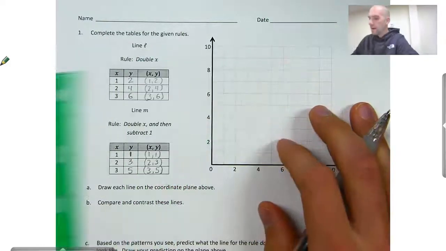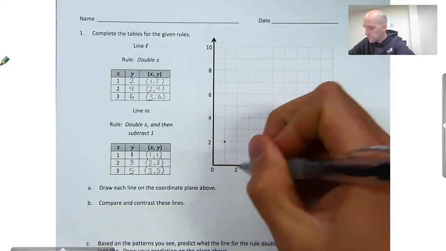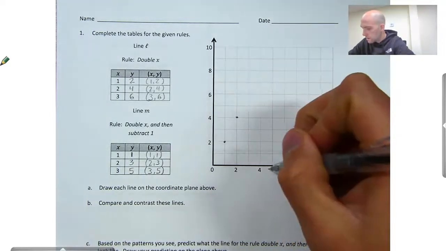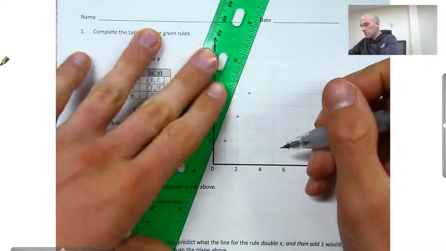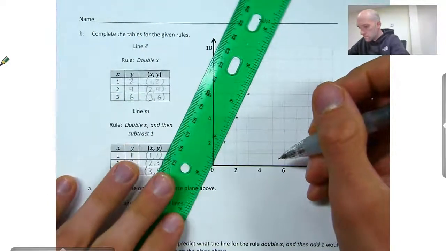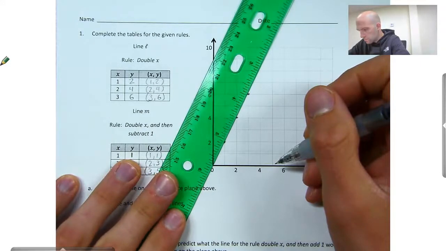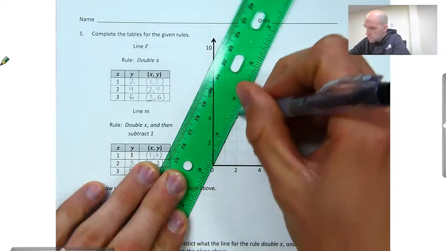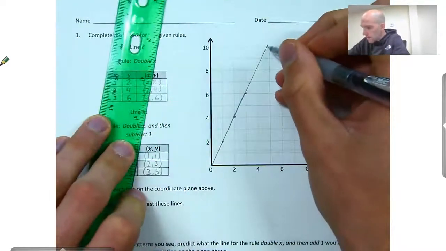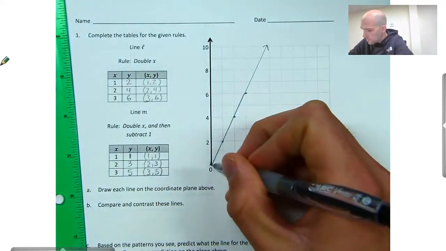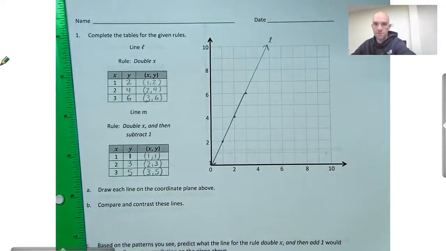Let's graph line L first. So we have 1, 2 right here, 2, 4, and then 3, 6. So 3 points. So this line L is going to pass through the origin.